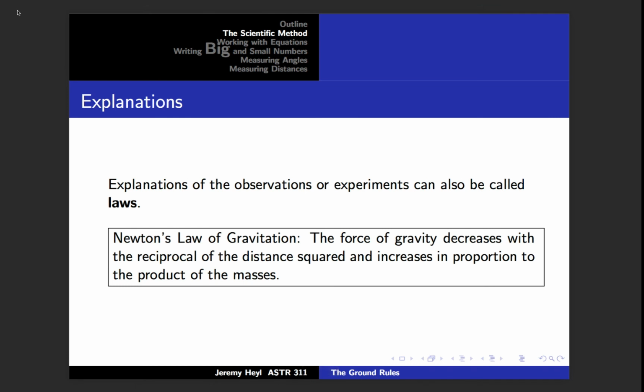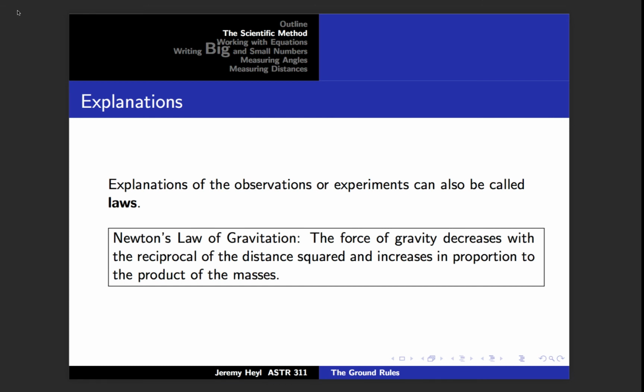On the other hand, a law can be an explanation of the observation. So we have Newton's law of gravitation, which we'll talk a lot about next week. And this is just written as a sentence, right? The force of gravity decreases with the reciprocal of the distance squared and increases in proportion to the product of the masses. I can write it as an equation if we want.